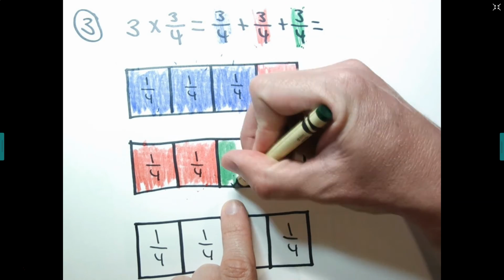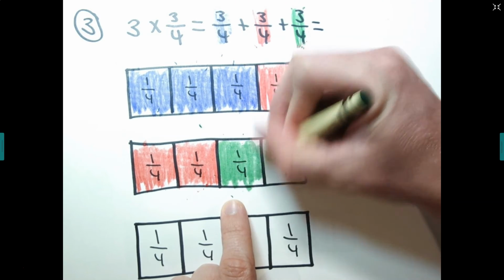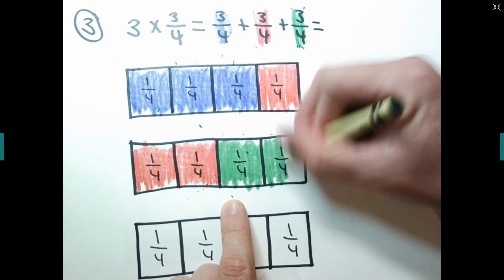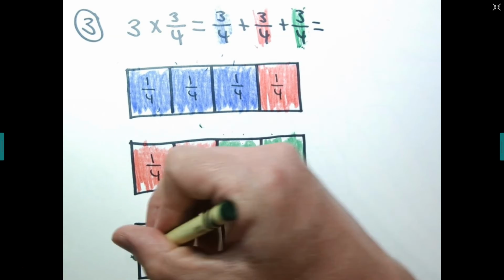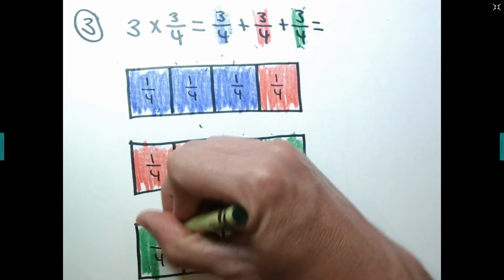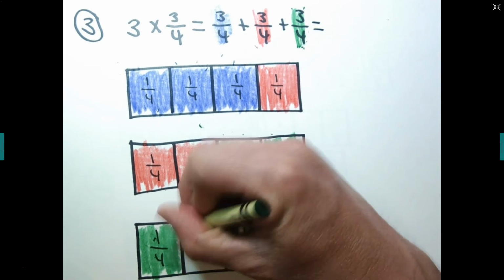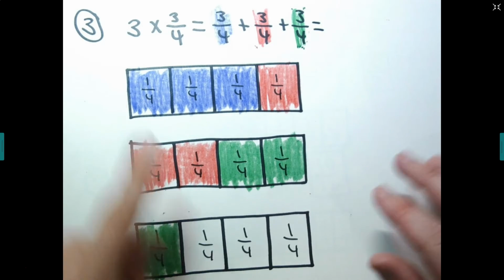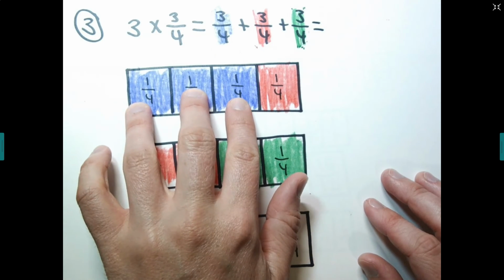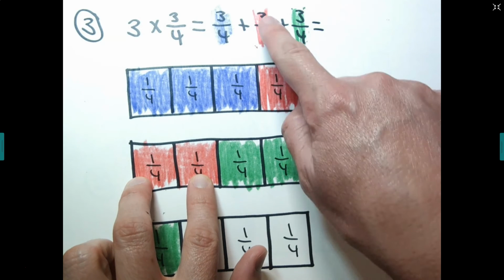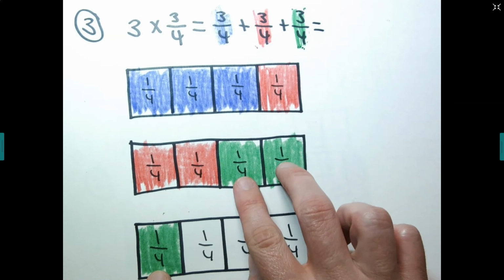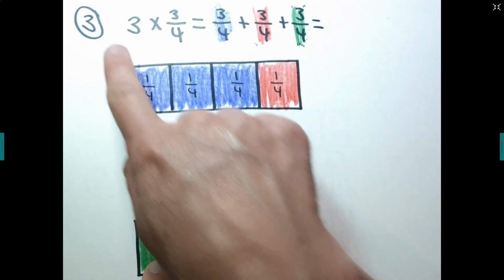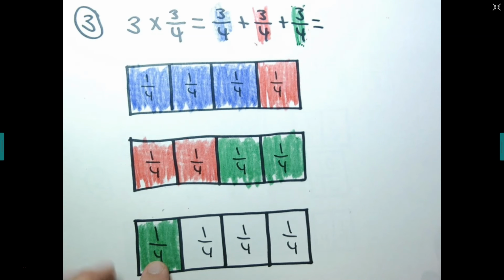I'll shade in 1, 2, 3/4. So see, all we've done here is we've added 3/4 there, 3 more fourths here, and then 3 more fourths there. 3 3/4.